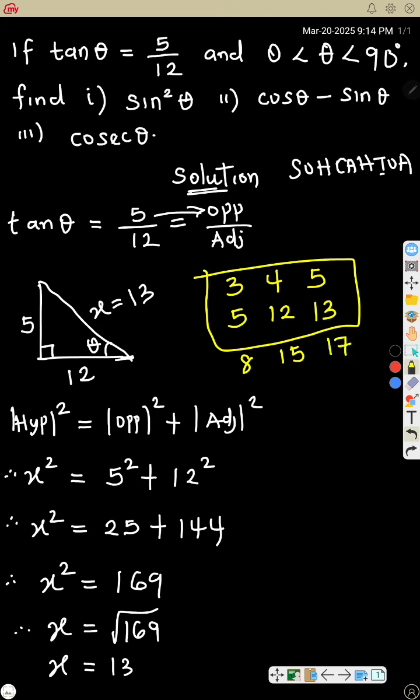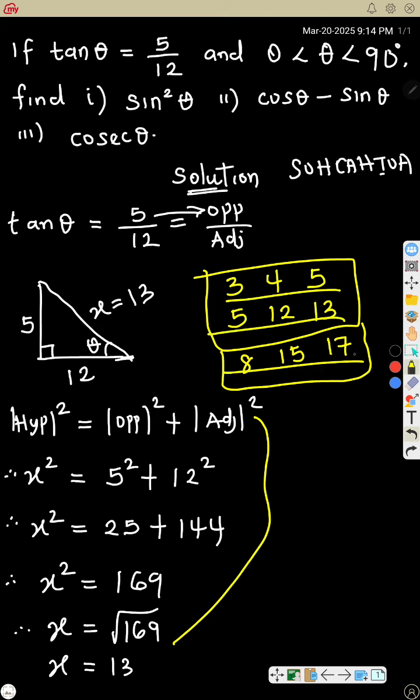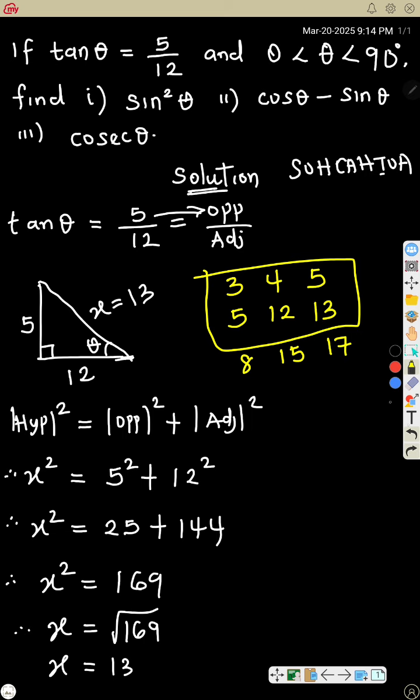That's another Pythagorean triple. Please study these three. Any Pythagoras question you see will be of this triple or a multiple of this triple, or we use Pythagoras. But to save time, if you know this triple, you just need to know the third side. So 3, 4, 5, 5, 12, 13, 8, 15, and 17.